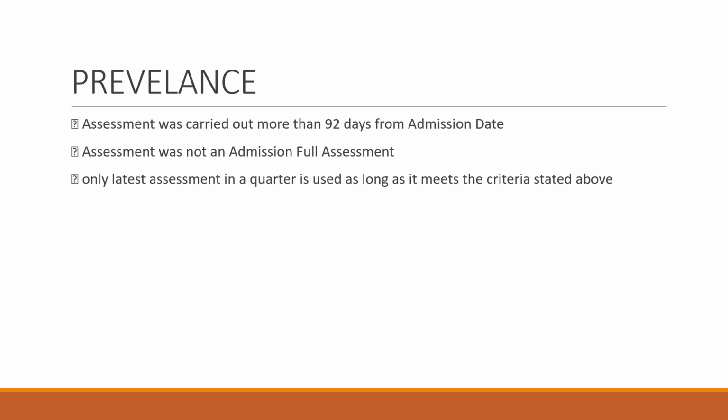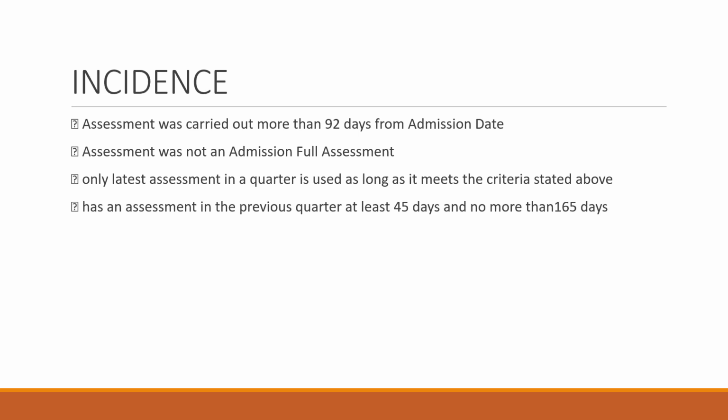And if there's multiple assessments done in a quarter, then only the last assessment in each quarter is used for reporting purposes. Okay, that doesn't mean they're not of some value to yourselves, but for reporting purposes, it's only the last assessment. Now that's where we're only using one assessment, or what's called a prevalence indicator.